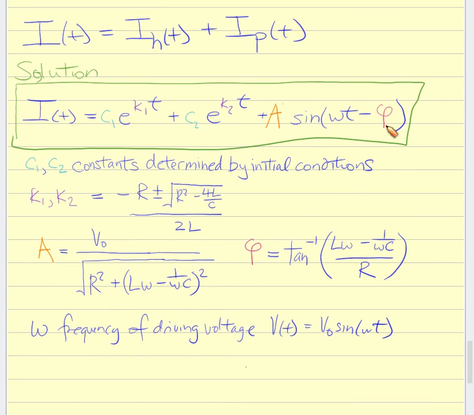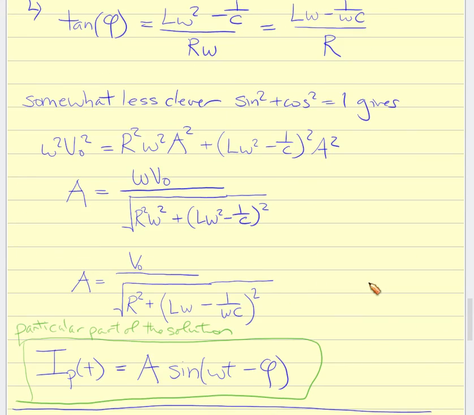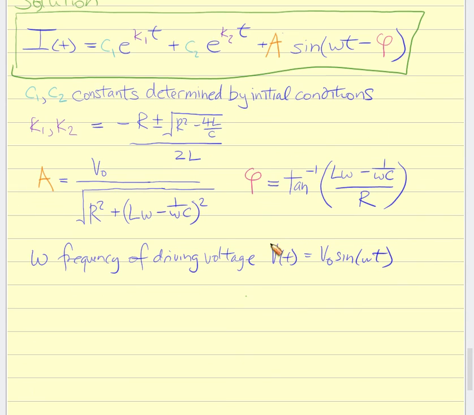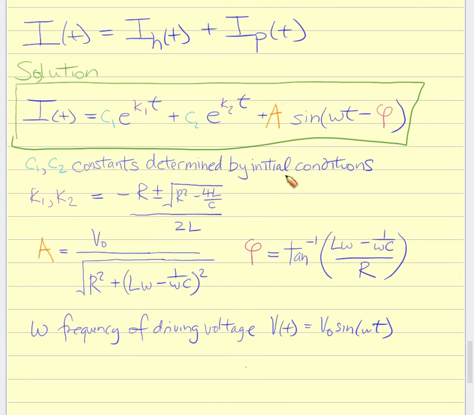And the phase angle phi here is the tan inverse of this expression here that we also got from manipulating the coefficients on the cosines and sines. Omega is the frequency of the driving voltage that we started out with, so this is something that we specify ahead of time, so it's not an unknown. It is whatever we said it was to begin with.